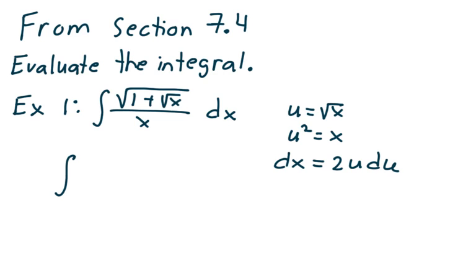And so this is the integral of the square root of 1 plus u divided by u squared times 2u du. And if I go to simplify this, we get twice the integral of square root of 1 plus u divided by u du.